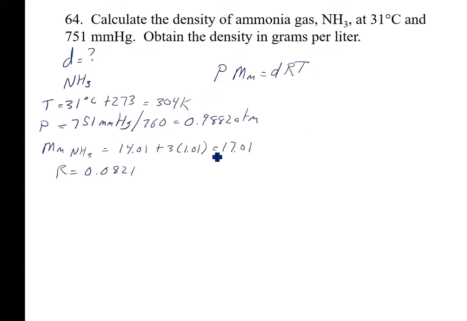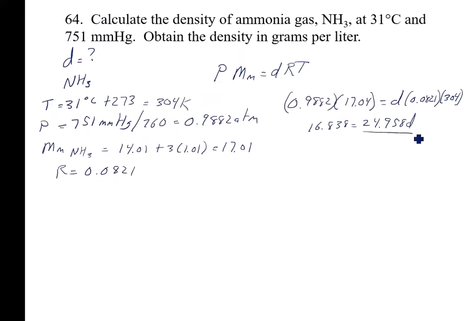Alright, so when I plug these in, I get 0.9882 times 17.04 is equal to density, which is what I'm going to solve for, times 0.0821 and 304 K. So I multiply these two terms together and I get 16.838. I multiply those two terms together and I get 24.958 D. So I divide both sides by 24.958.